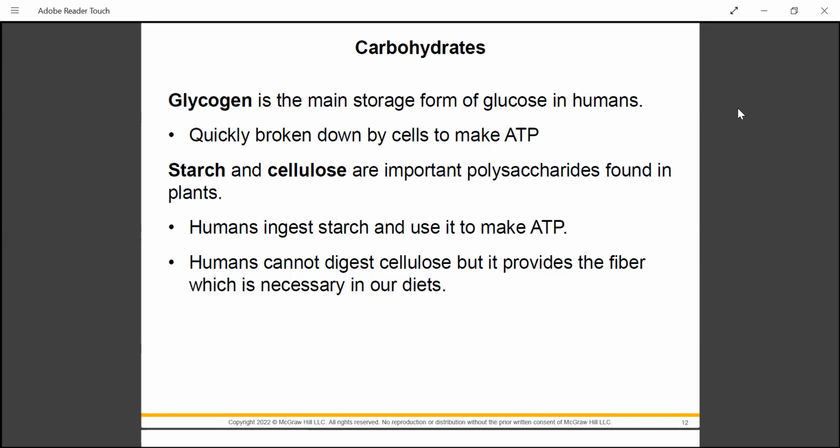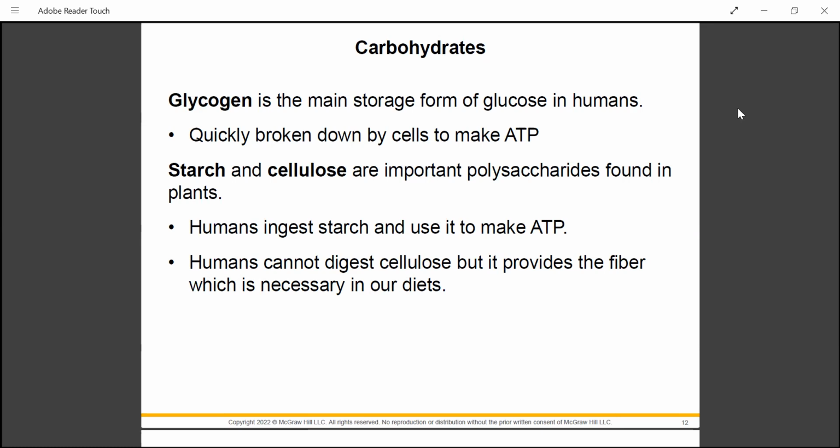We can break these stores down to make them available to our cells, and our cells can utilize our glucose or our carbs to make ATP. We'll talk about ATP in this lecture a little bit later, but ATP is really our main energy source. It's the actual energy that our muscles are using. So we utilize carbohydrates to create ATP. That's how we get energy from carbs.